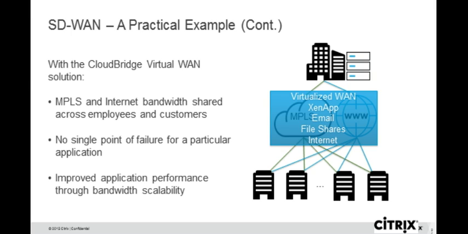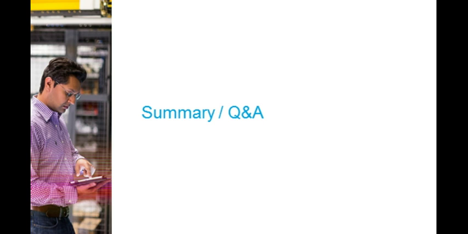So there's no longer a single point of failure for a particular application or a particular use case. And of course, there's much more efficient usage of bandwidth. And because the solution provides QoS, the mission-critical business applications can be prioritized over the other applications that are in use within that branch office location.